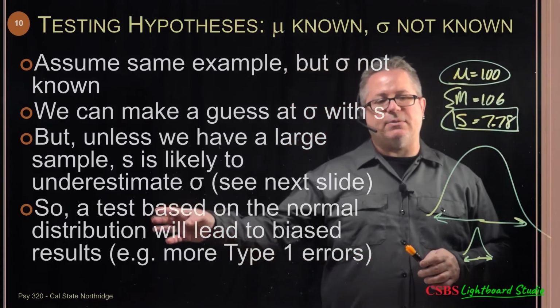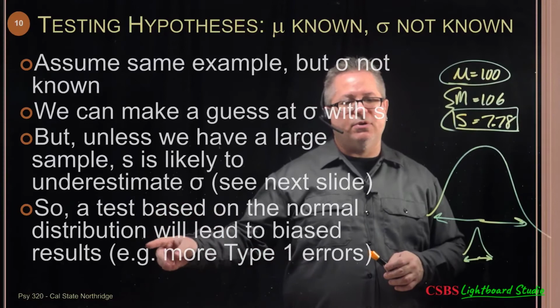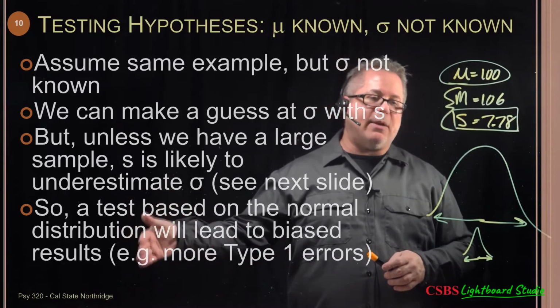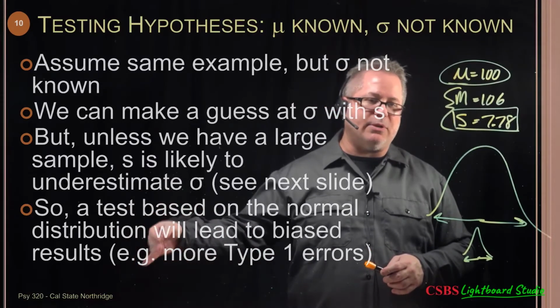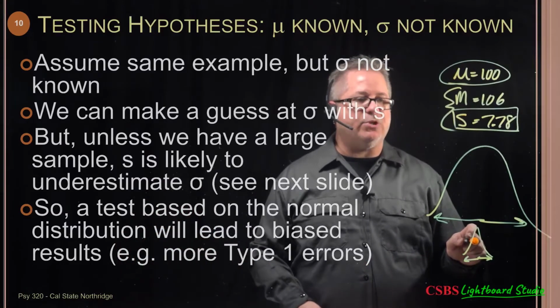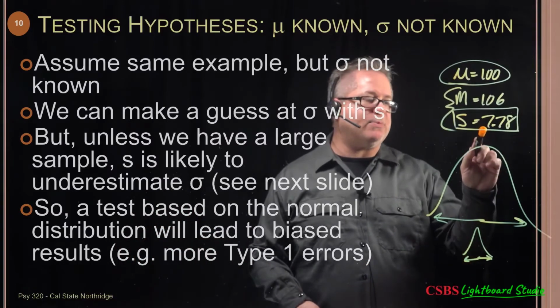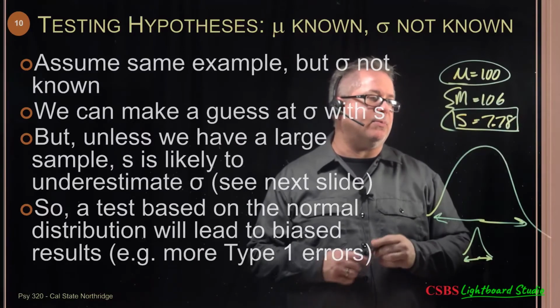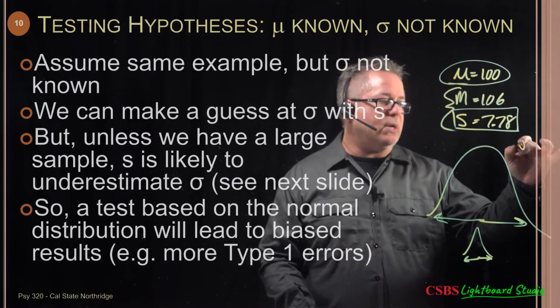So we need a test based on the normal distribution. So I'm sorry, if we just forget about the fact that we don't know sigma and just do a z-test anyway, what's going to happen is because this ends up being too small, if we just plug this in for sigma, remember sigma was 15, right?